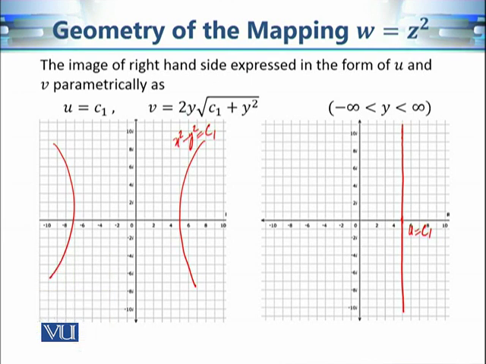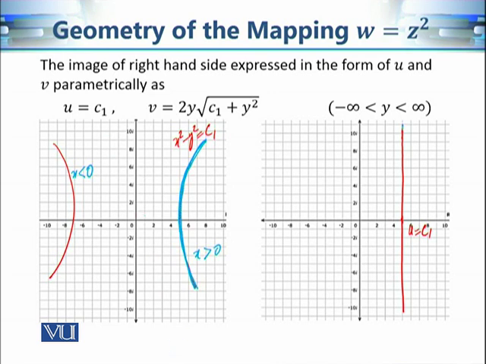In this case, as y varies, remember x is positive, so we are considering this portion of the hyperbola where x is positive. The negative case corresponds to the other portion where x is negative. So we are considering this blue portion of the hyperbola.